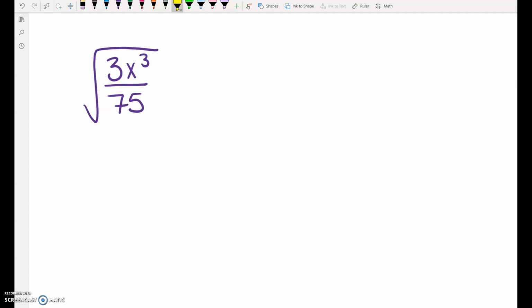Do you all see in here the fraction 3 divided by 75? Can you divide both 3 and 75 by something? 3. 3 divided by 3 is 1. 75 divided by 3 is 25. So this would become the square root of 1x to the 3rd over 25, which we could then continue to simplify.